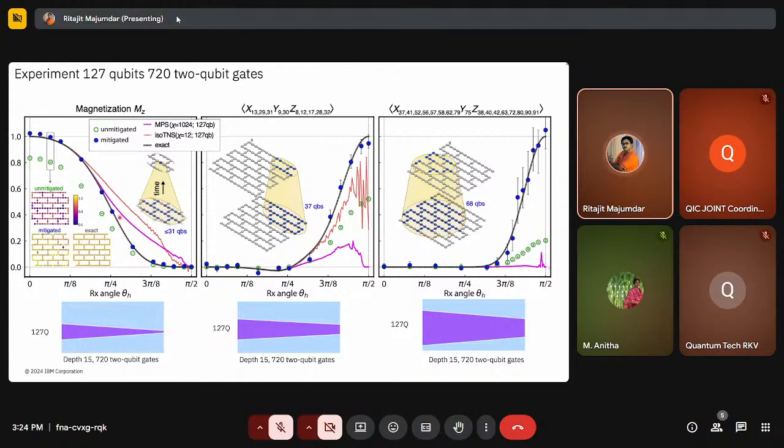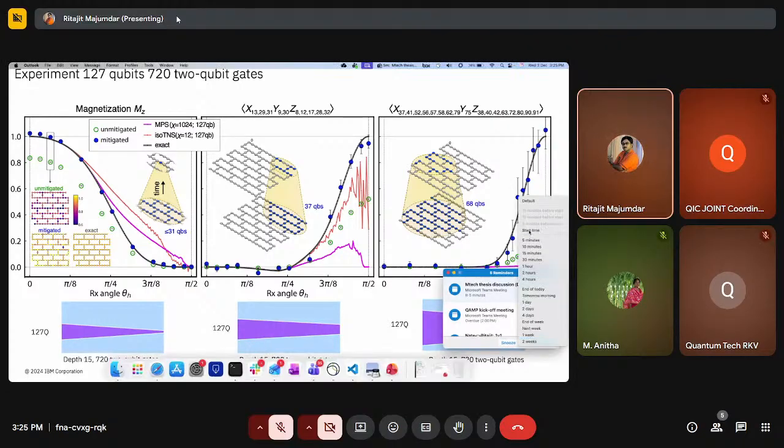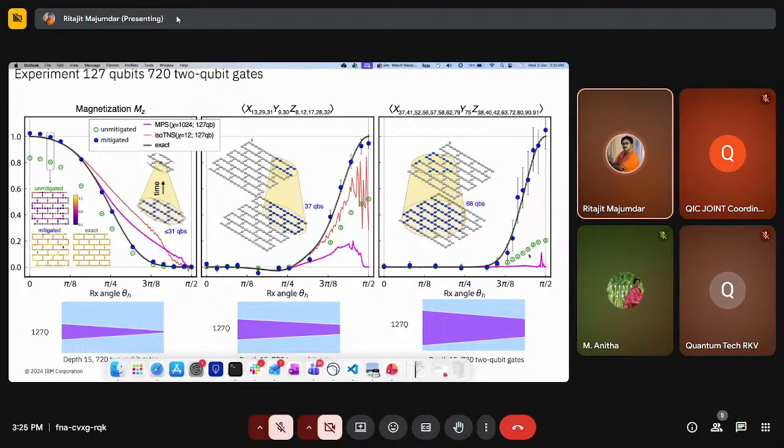Having shown this, as we start making our systems bigger and bigger, the classical approximate methods go more and more away from the exact solution. This point is totally different from this exact one. But the quantum result is still following the exact solution.